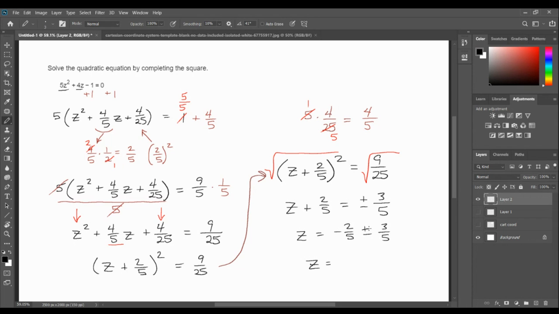So if we do negative 2/5 plus 3/5, that gives us 1/5. Negative 2/5 minus 3/5 is negative 5/5. Well, that's negative 1. So 1/5 and negative 1 would be the two solutions by completing the square.